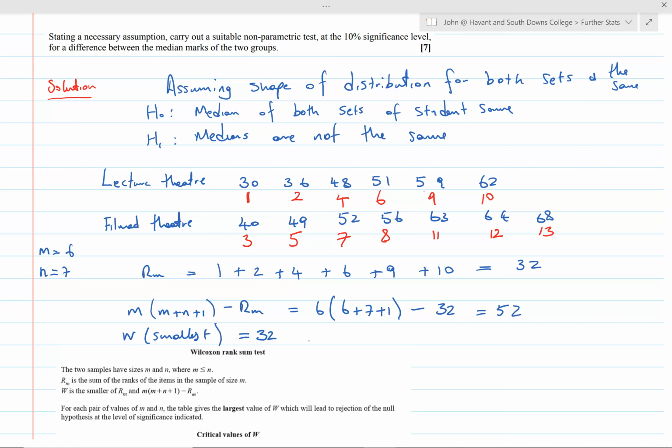So then we want the smallest one. So our W value, our test statistic, is 32. Right, so now it's a case of looking in the tables for the appropriate critical value.